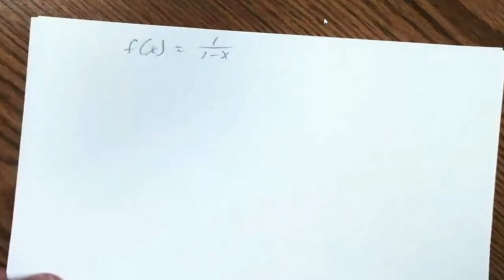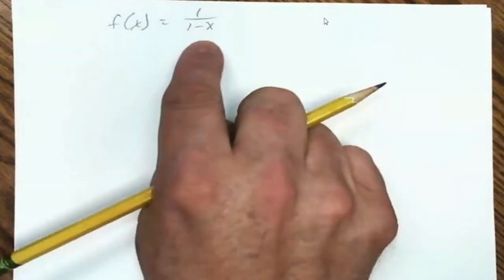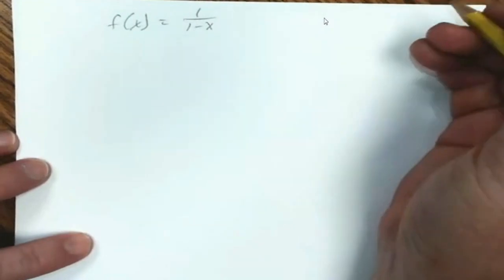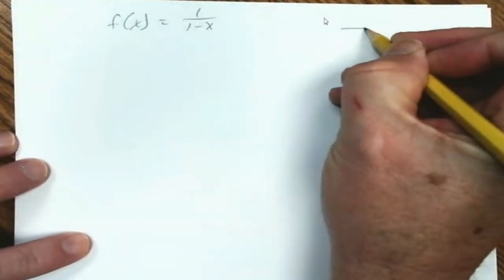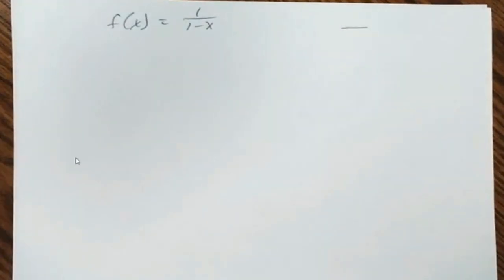What is all the possible x's? Well, all the possible x's are in this case, what's not allowed. With a fraction, what is not allowed? Let me just put a blank fraction over here. Can we have any number on top in a fraction? Is there a number we're not allowed to have on top in a fraction?